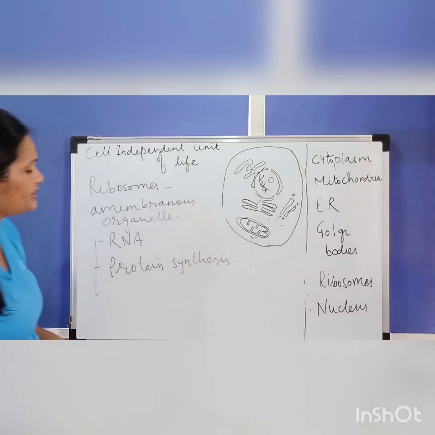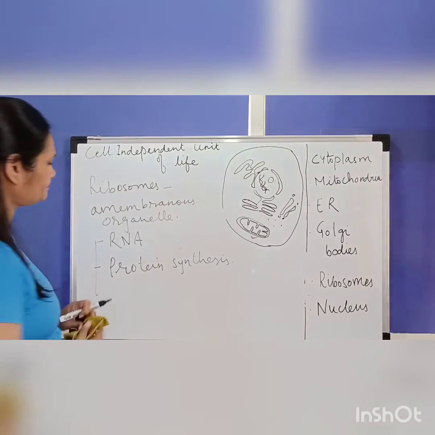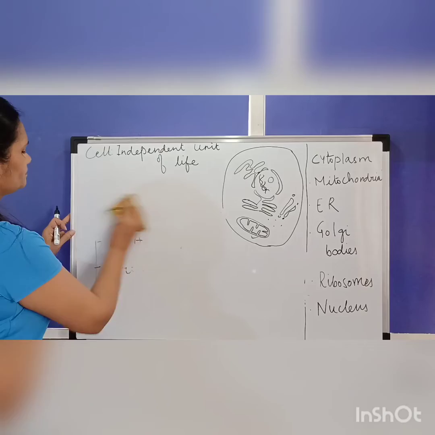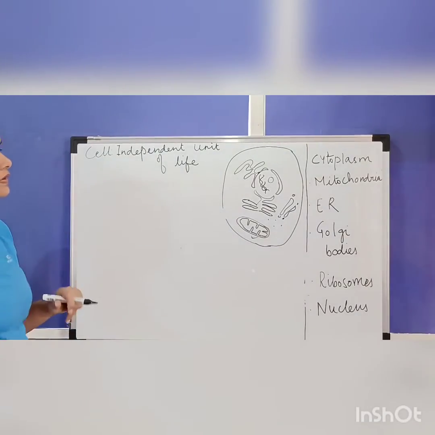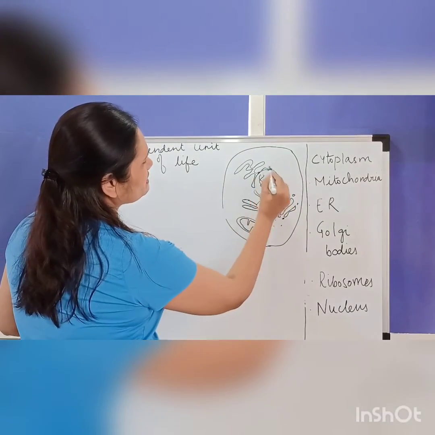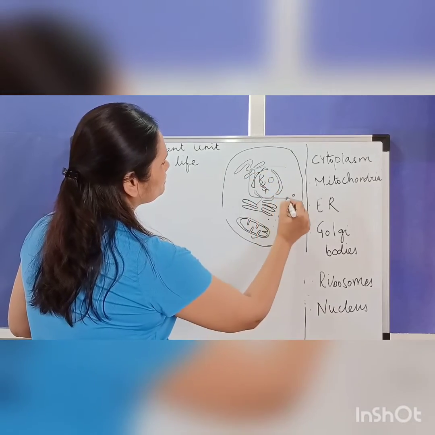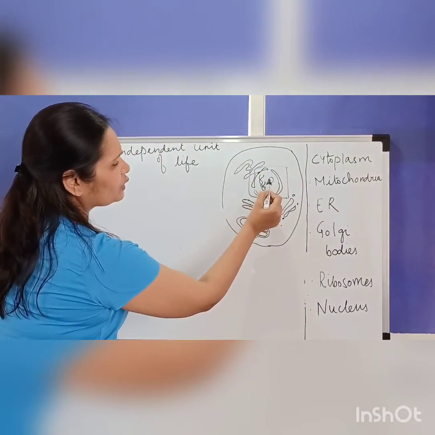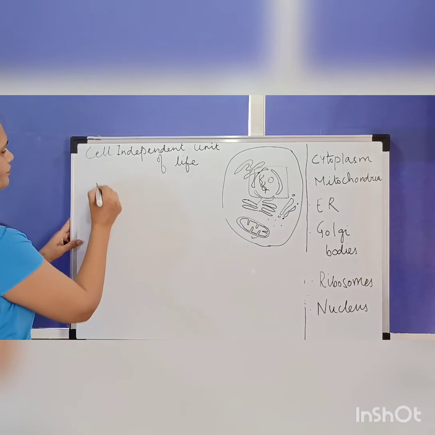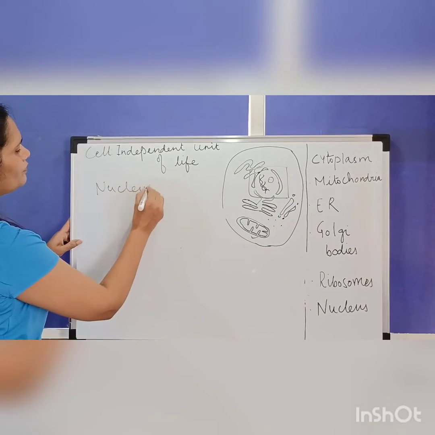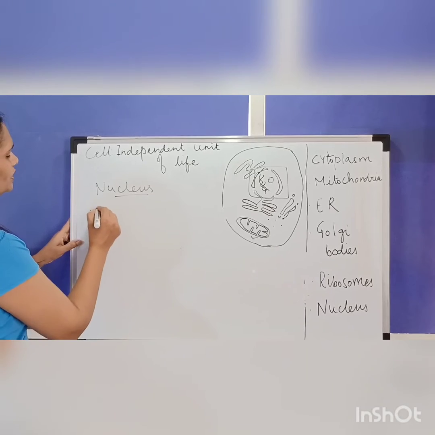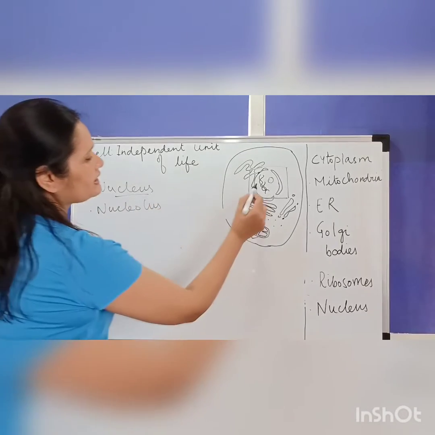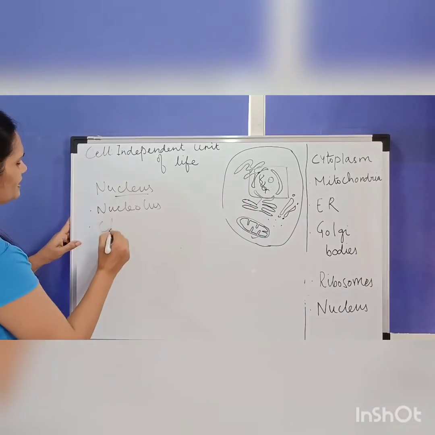The next is the nucleus. This is the nucleus, this part. The nucleus has a nucleolus, and it has a chromatin network.